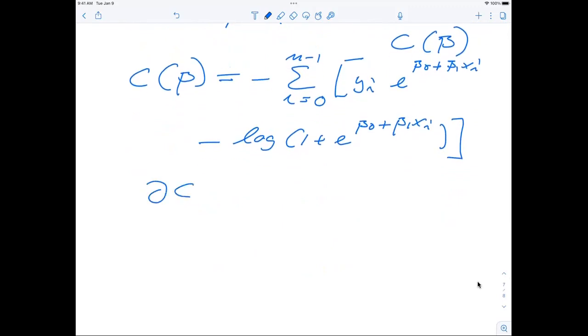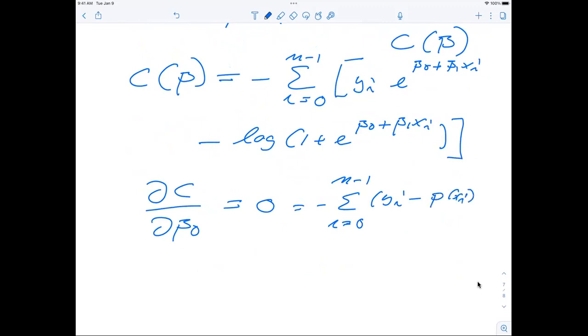So if I do dC d beta 0 and put that to 0, that is going to give us minus the sum from I equal to 0 to n minus 1 of y of I minus p of x of I, where this p of x of I is the function we defined as e to the beta 0 plus beta 1 times x of I, divided by 1 plus e to the beta 0 plus beta 1 multiplied with x of I.